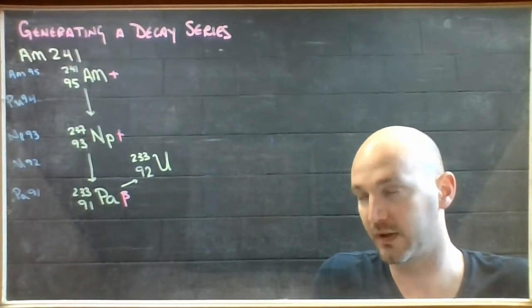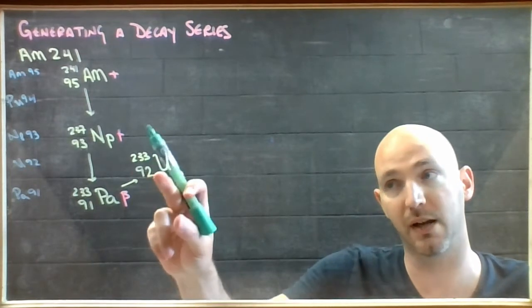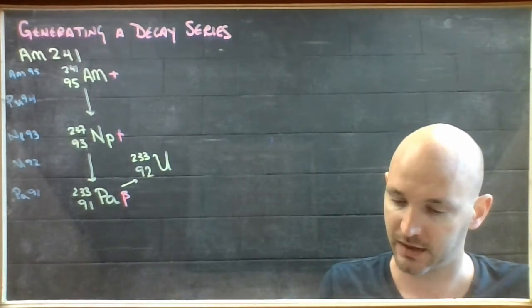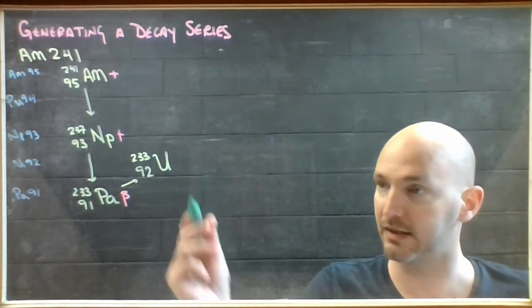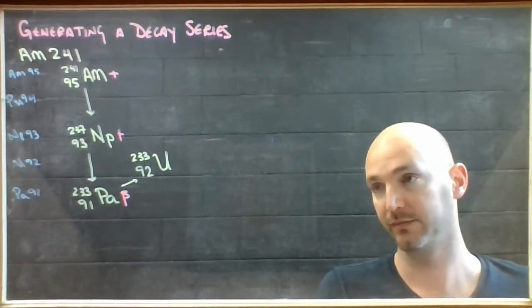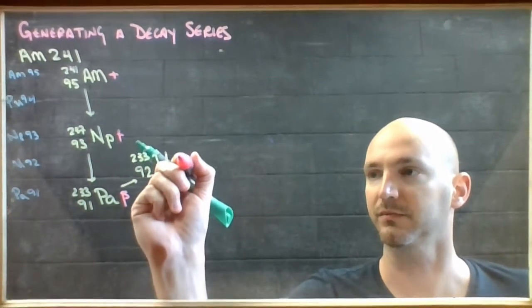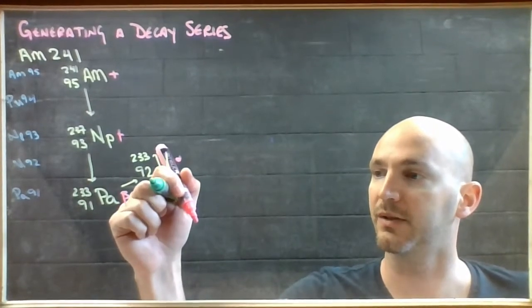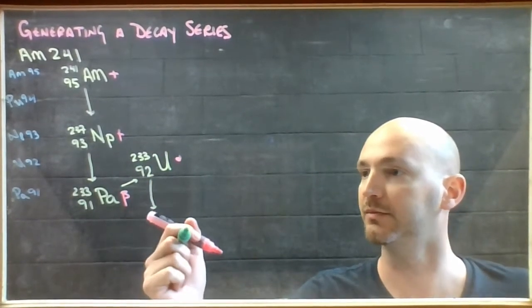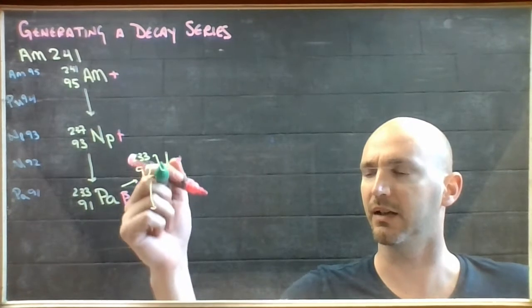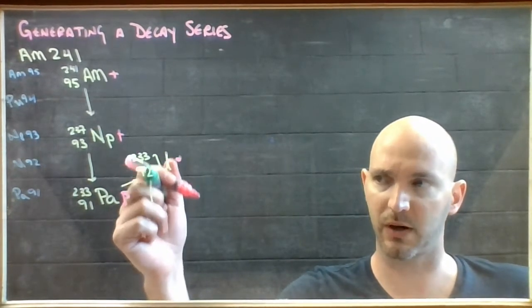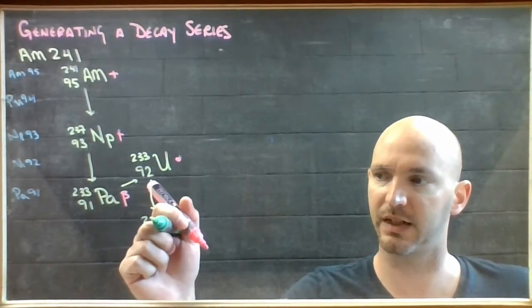Okay, so continuing on with my process, I'm going to look up uranium-233 in my alpha emitters, and indeed, it emits an alpha. So that's going to drop down to this row. If it sheds 4 particles, I'll be down to 229.